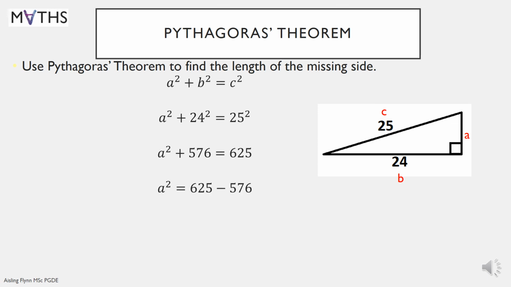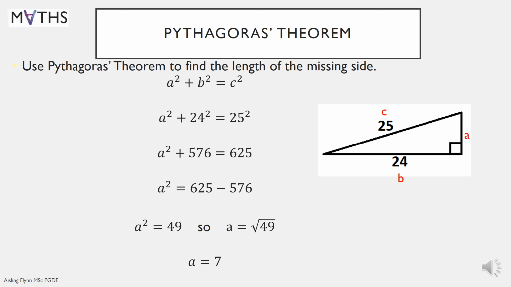A squared equals 625 minus 576. Do that subtraction and we get A squared equals 49. That means the number A is equal to the square root of 49, whatever number when you multiply it by itself gives you 49, and we know that is 7, so A equals 7.